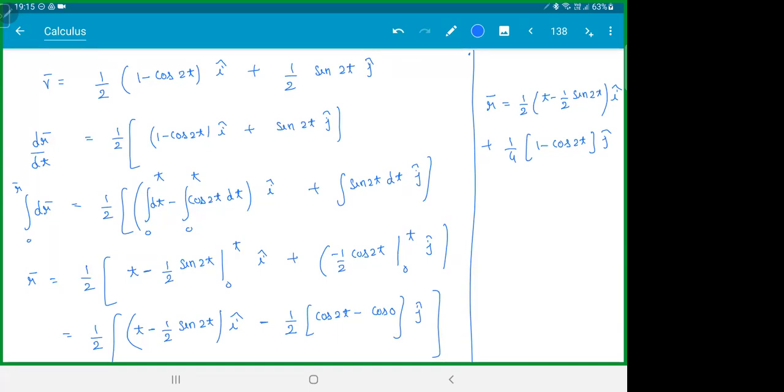Anyone confused? Any part you're not clear, please ask. It's just brute force integration, there's nothing there. Clear?